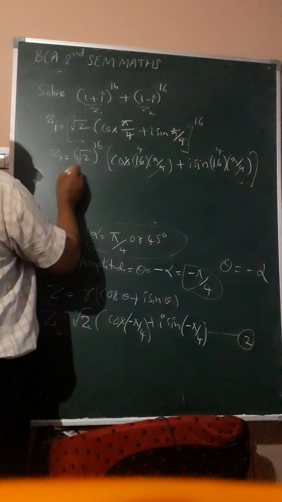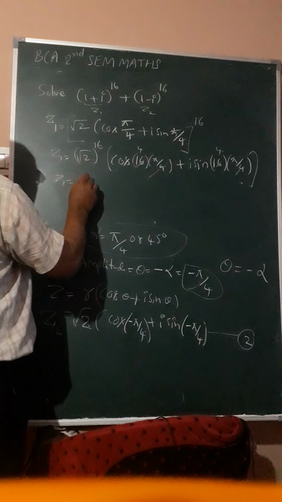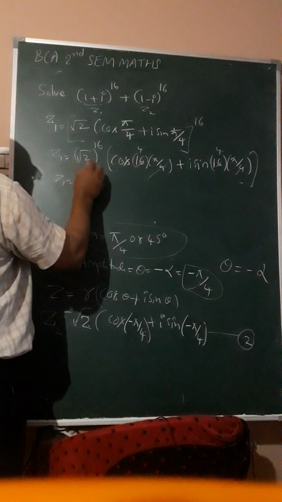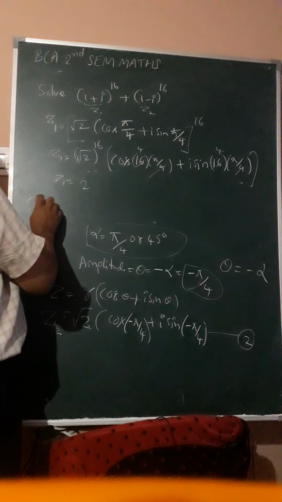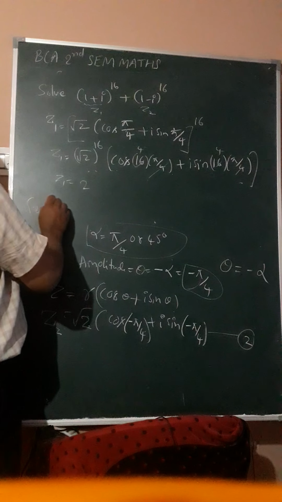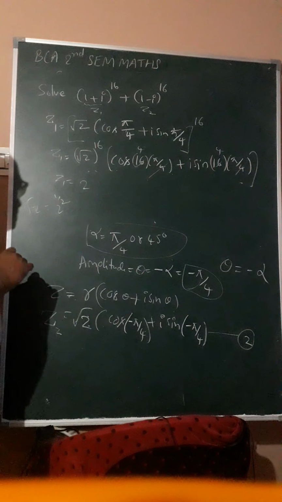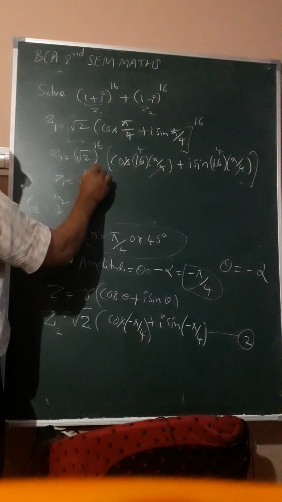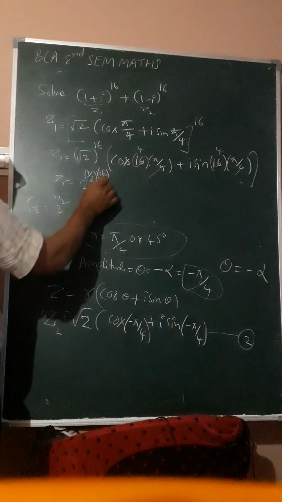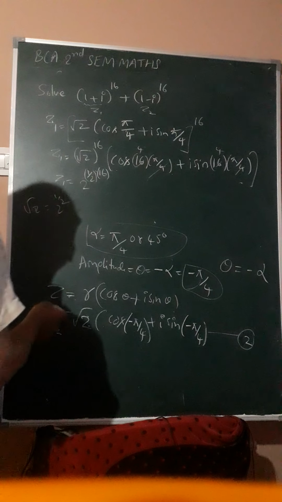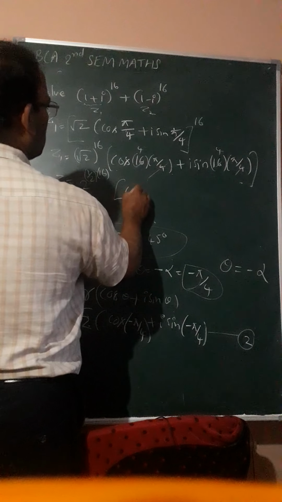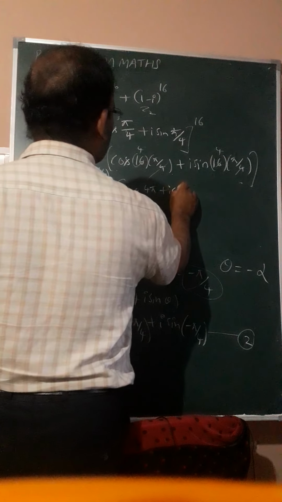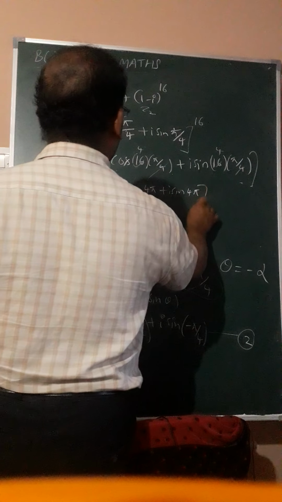Root 2 can be written as 2 to the power of 1 by 2, and raised to 16 it gives 2 to the power of 8. The angle is cos 4 pi plus i sin 4 pi.